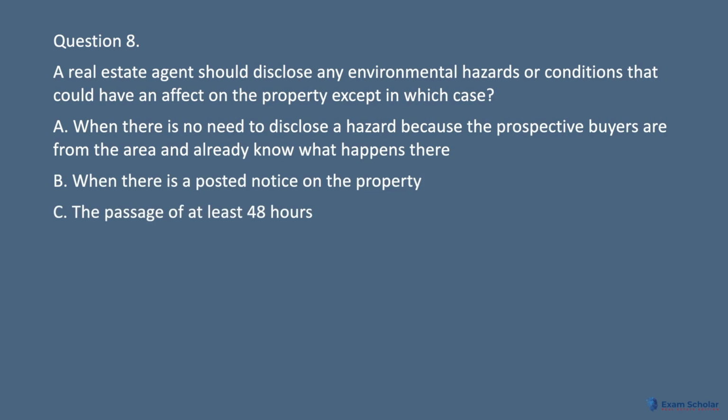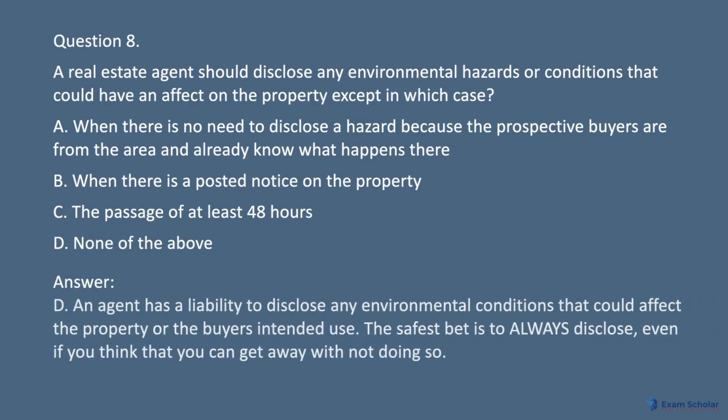C. When another agent has already spoken to them about the environmental hazards of the property. D. None of the above. Answer. D. An agent has a liability to disclose any environmental conditions that could affect the property or the buyer's intended use. The safest bet is to always disclose, even if you think that you can get away with not doing so.